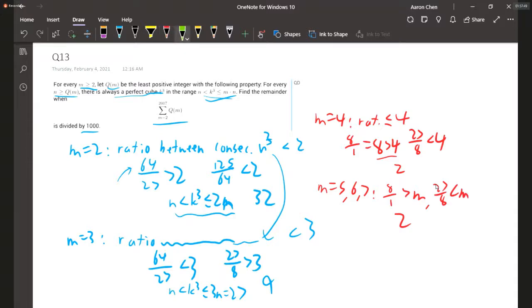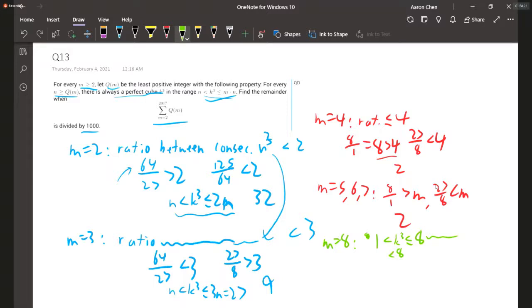And now, when m is equal to 8, we can see that when n is equal to 1, we have that 1 is less than k cubed is less than or equal to 8. And now we can see that for all perfect cubes above this, the ratio will always be less than or equal to 8. Actually, no. The ratio will always be less than 8, to be more precise.